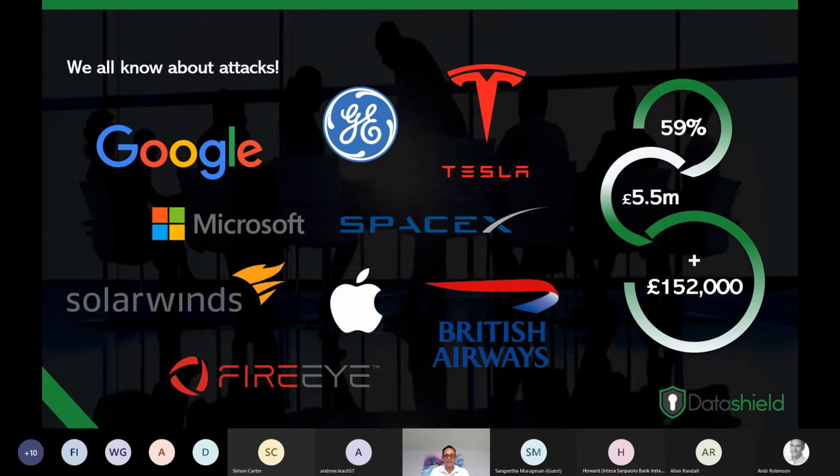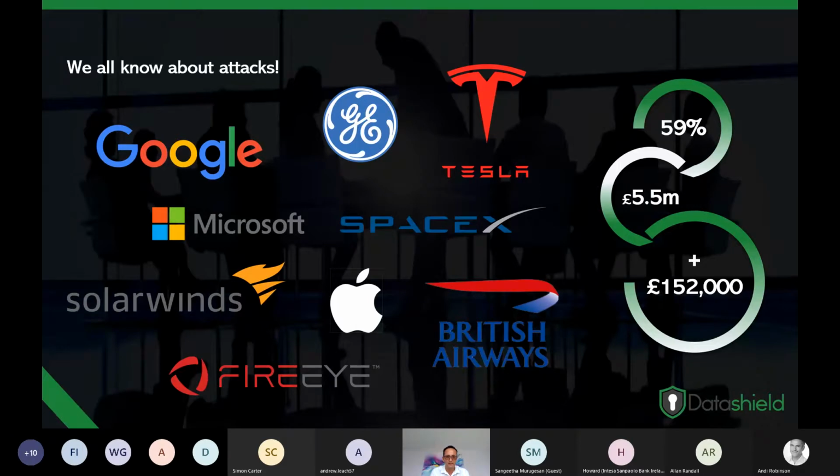And the average cost of an attack on an organisation, according to Ponemon and the IBM cost of a data breach report, is around 5.5 million. But when a third party is involved, that can increase it by a further 152,000. So the cost of being attacked through one of your third-party suppliers has real monetary costs associated with it.